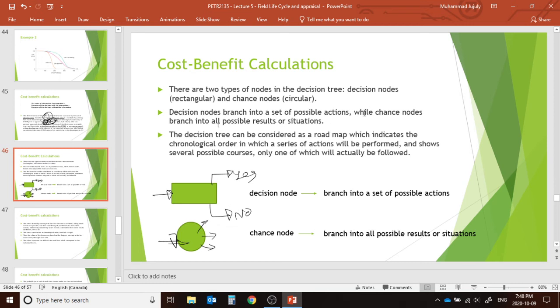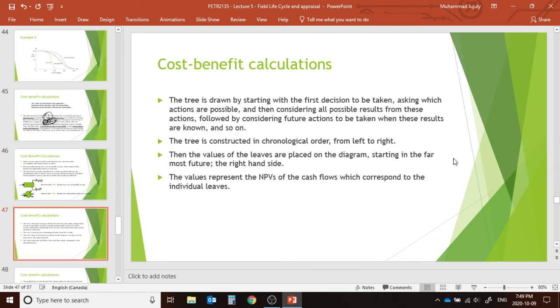So decision making trees can be considered as a roadmap which indicates the chronological order in which a series of actions can be performed and show several possible courses, of which only one will actually be followed. So the tree can be drawn, and the first decision can be taken by asking which actions are possible.